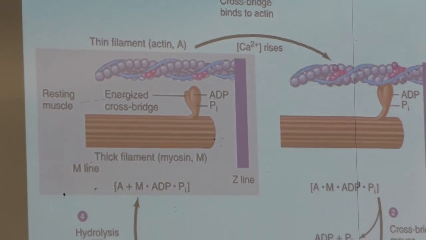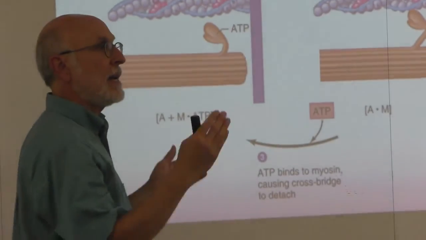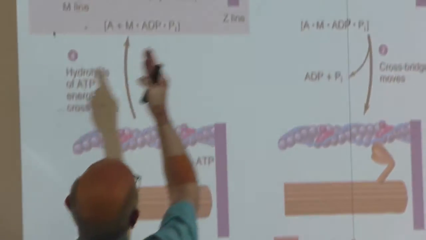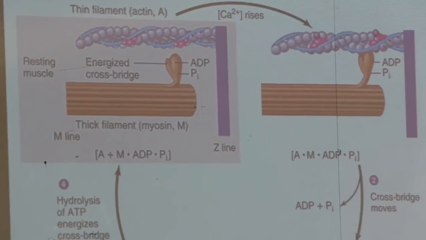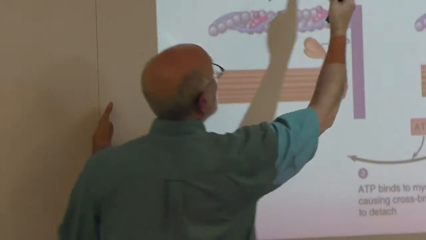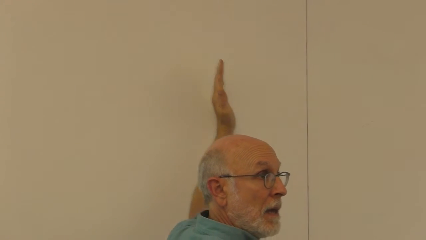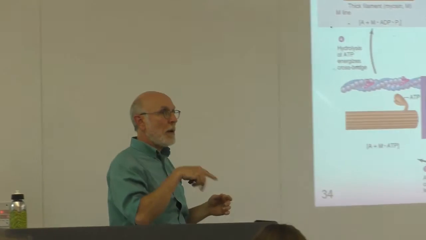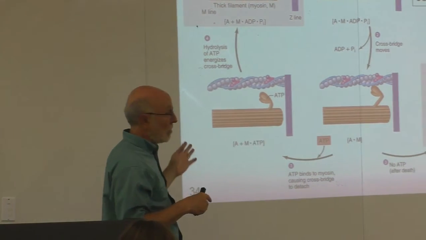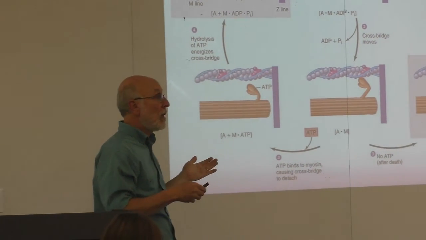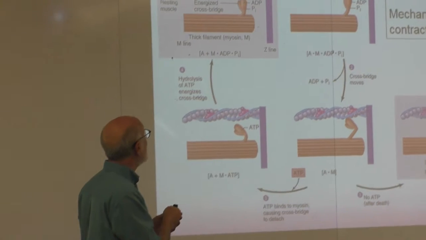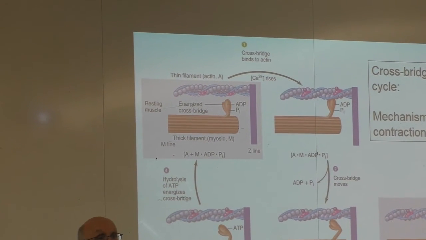And so when it does it again, and again, and again, it is pulling on the thin filament and pulling this Z disc this way, and on the other side, pulling the Z disc that isn't shown, which you have to imagine this way, and the two Z discs get closer together and the muscle contracts. Did that answer your question? Yeah. So remember, it's a cycle, and the cycle will continue as long as calcium is high and as long as there's ATP.